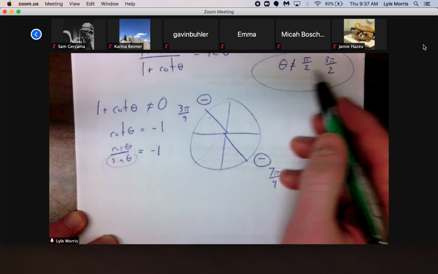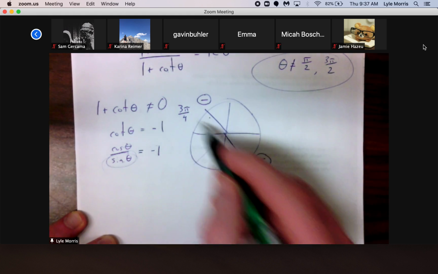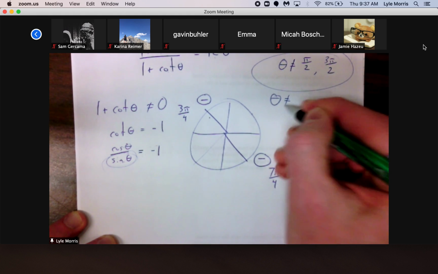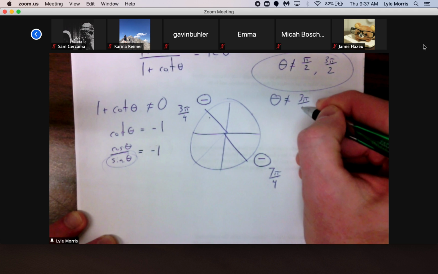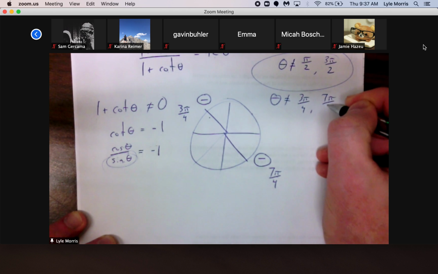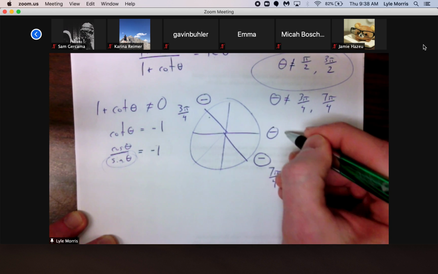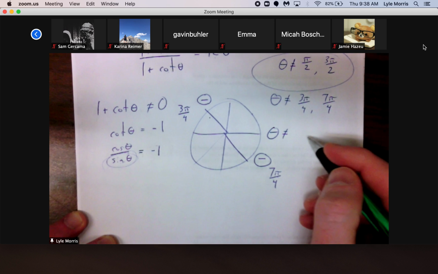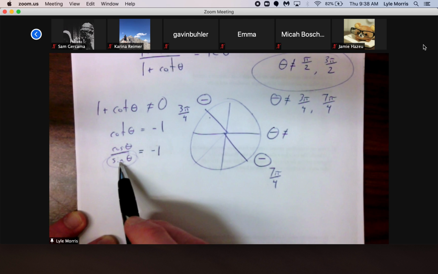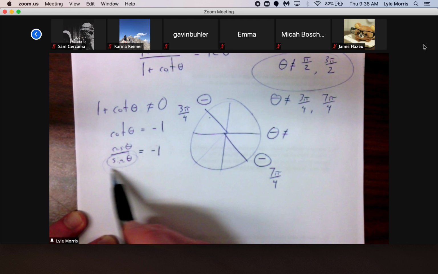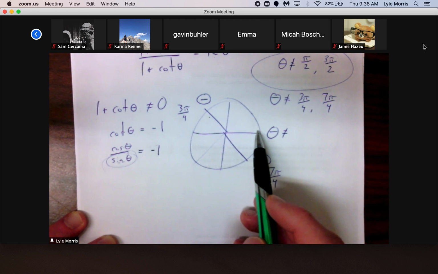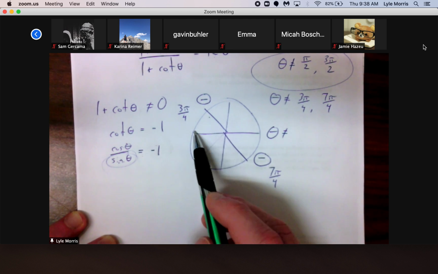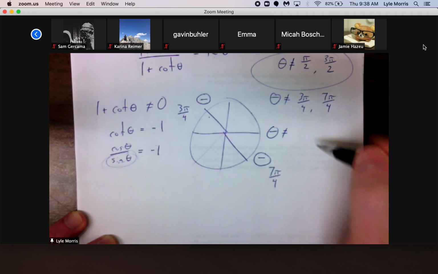So we have theta cannot equal pi over 2, 3 pi over 2. We've added these ones here: theta can't equal 3 pi over 4 and 7 pi over 4. It also cannot equal, and you would put this in one line, anywhere where sine of theta equals 0. So that is at 0 and pi.